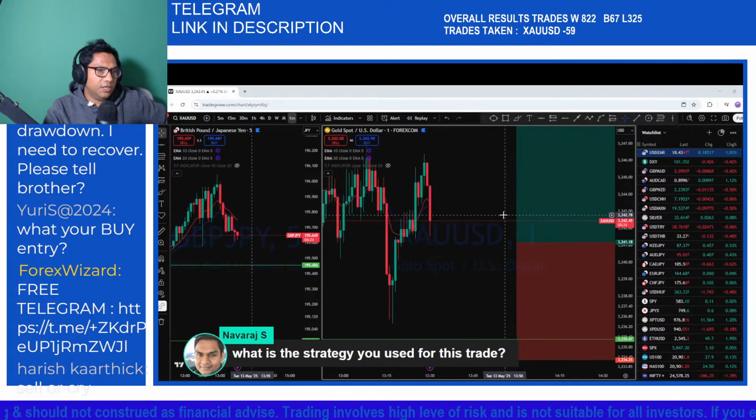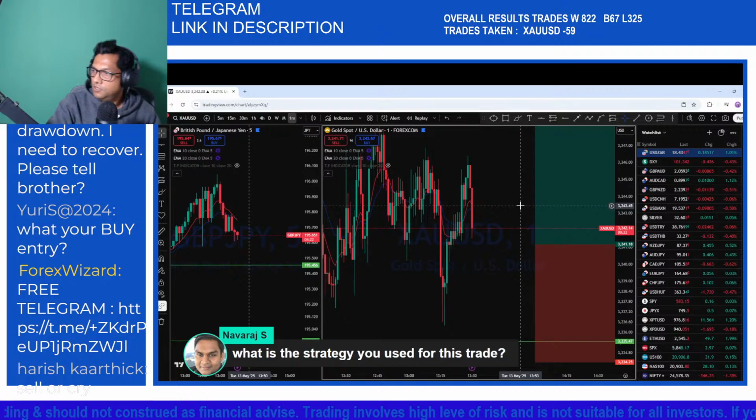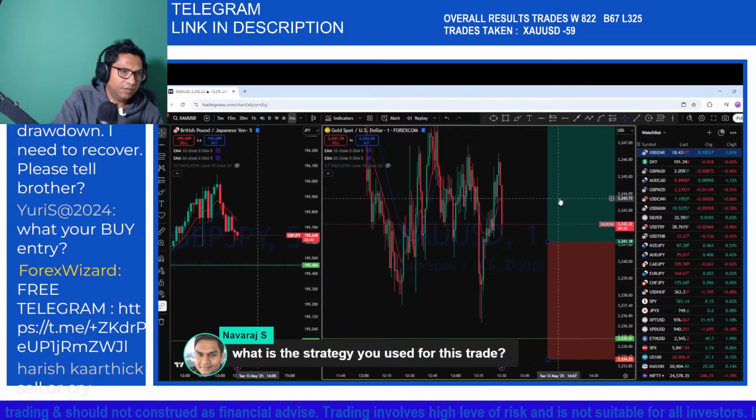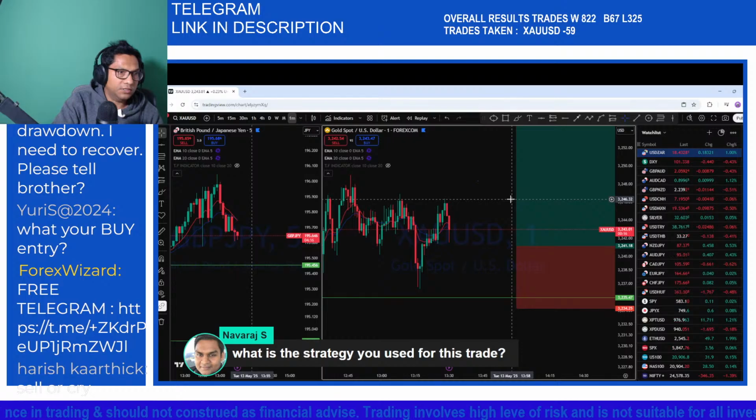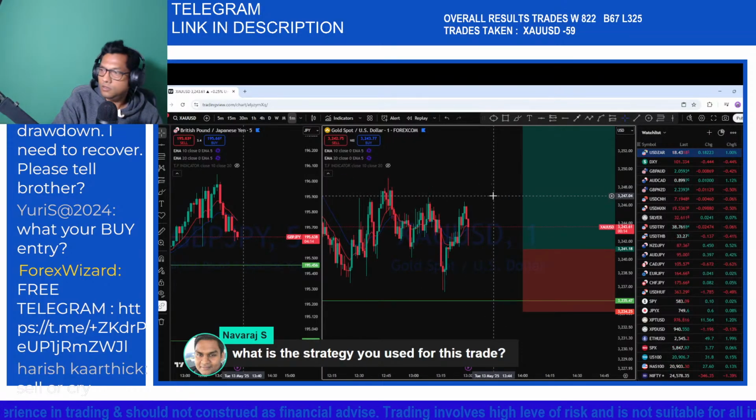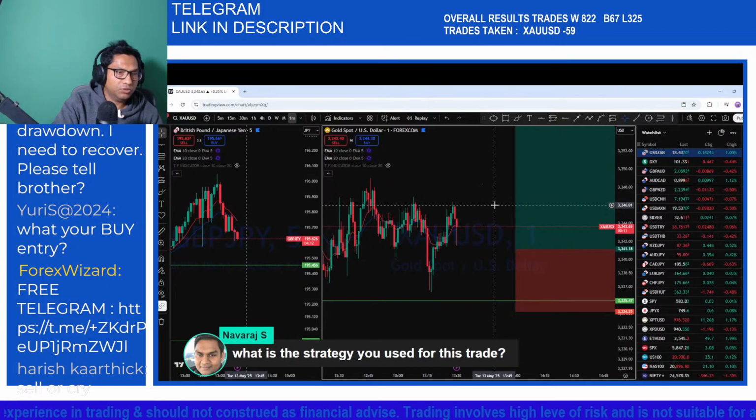So let's see if the price is giving us any probability for further up, as it has just crossed that previous liquidity zone.